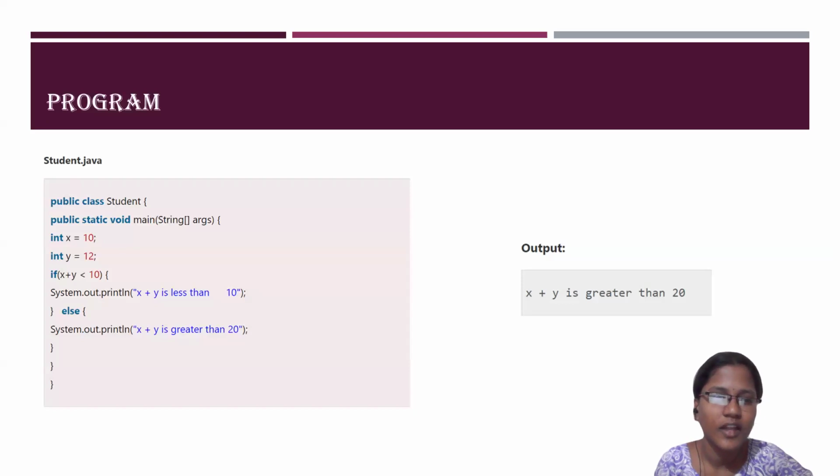I have used the same program here. I have created a class student and a main function. I have declared two variables x and y, and I have initialized their values as 10 and 12. And I have written a condition like if x plus y less than 10.